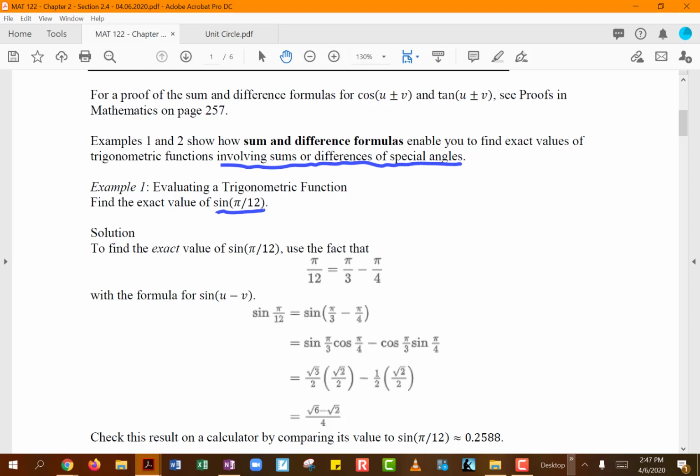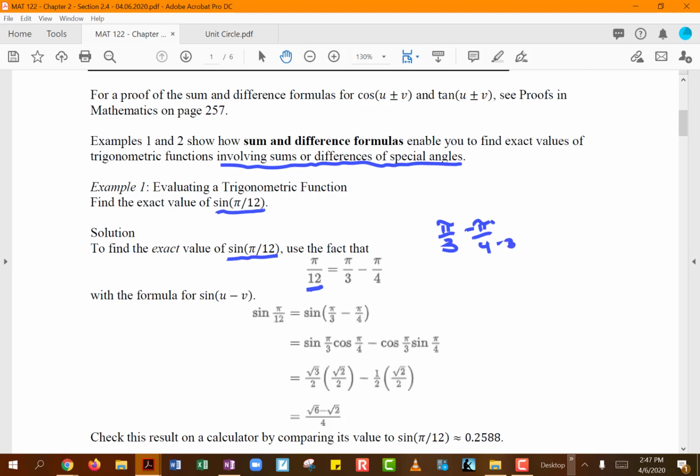So you will see here in the solution, we are taking the sine of pi over 12, and we are rewriting that pi over 12 as pi over 3 minus pi over 4, because think about it. If I take pi over 3 minus pi over 4, I find their common denominator, which of course will be 12.